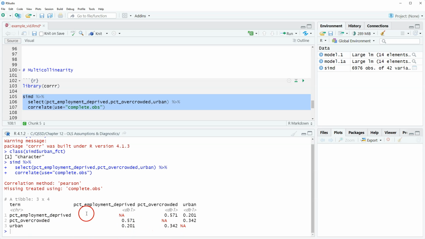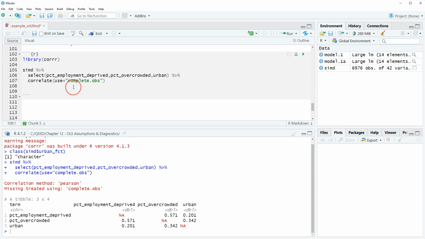We see % overcrowded and % employment deprived is 0.57, which is sort of a moderate correlation, but it's really not something worrisome. Worrisome meaning, if you see a correlation of like 0.8 or negative 0.8, so really an absolute value of 0.8 or larger, then you might think, oh, there might be an issue here. But we seem good.